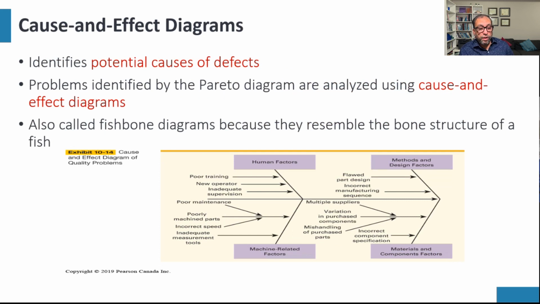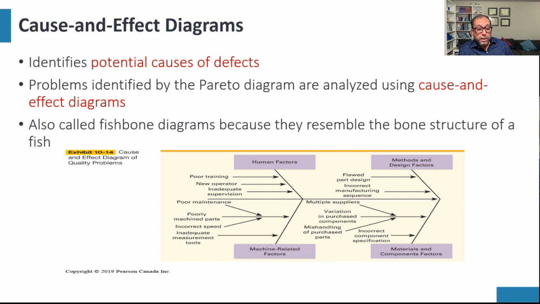Now, this is a cause and effect diagram, used to identify potential causes of defects. Once the problem is identified, Pareto diagrams are analyzed using a cause and effect relationship, also called a fishbone, because the diagram resembles the bone structure of a fish.